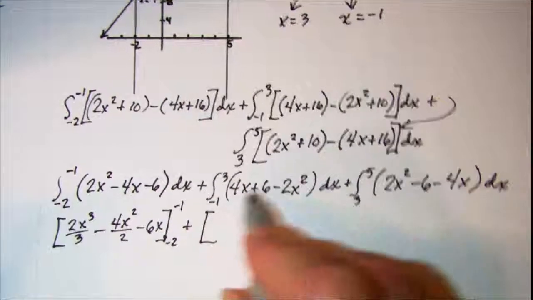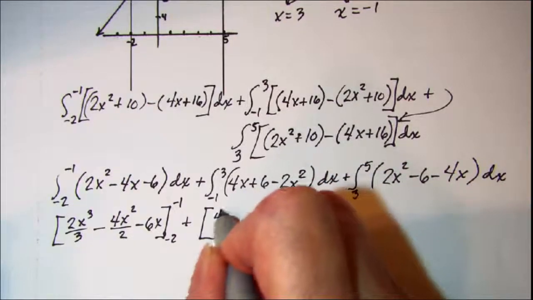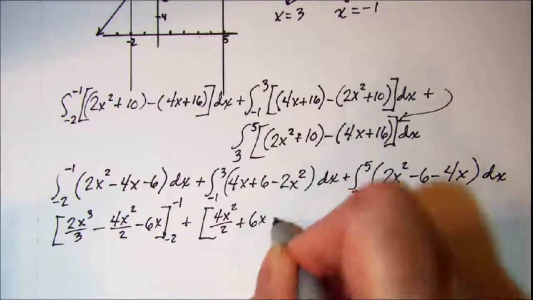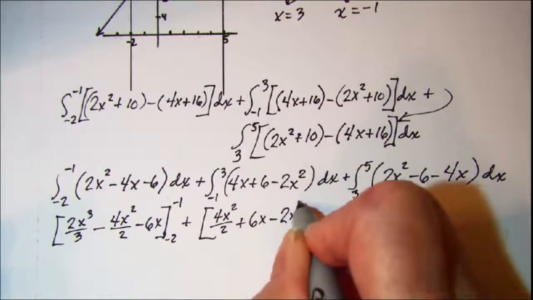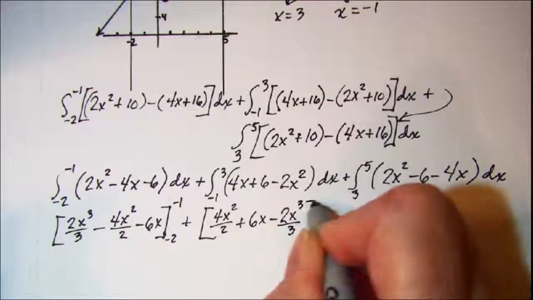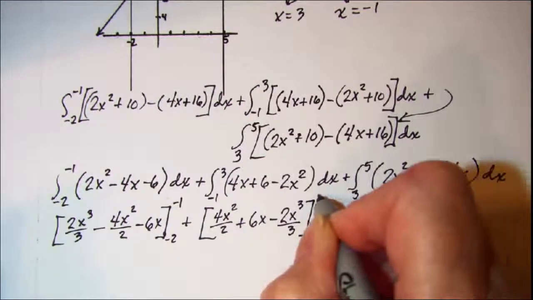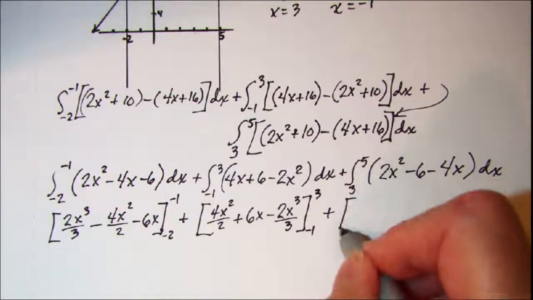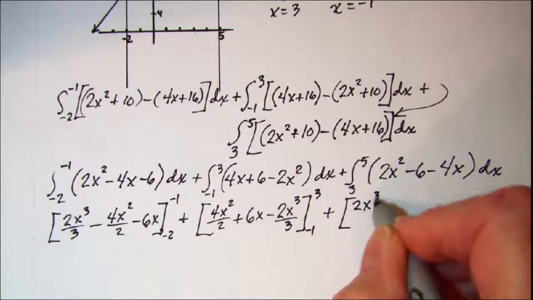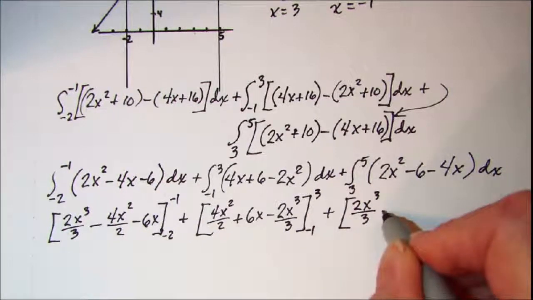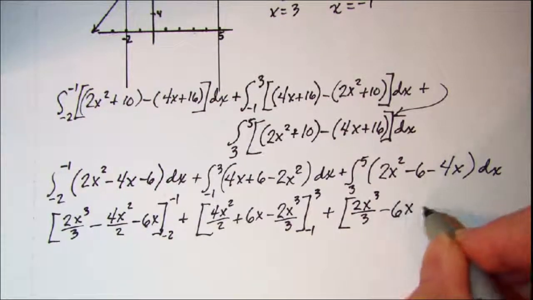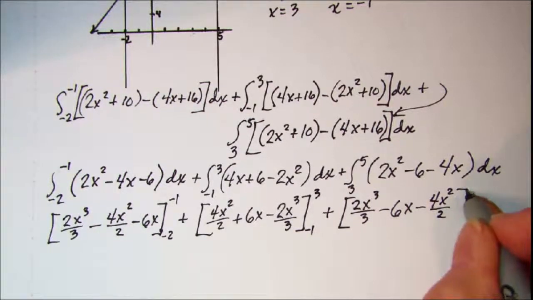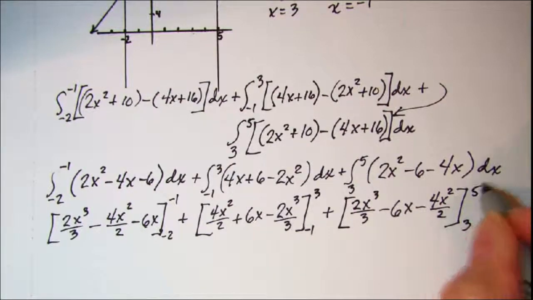On the second piece, I have 4x squared divided by 2 plus 6x minus 2x cubed divided by 3, evaluated from negative 1 to 3. And then on the third piece, I have 2x cubed divided by 3 minus 6x minus 4x squared divided by 2, evaluated from 3 to 5.